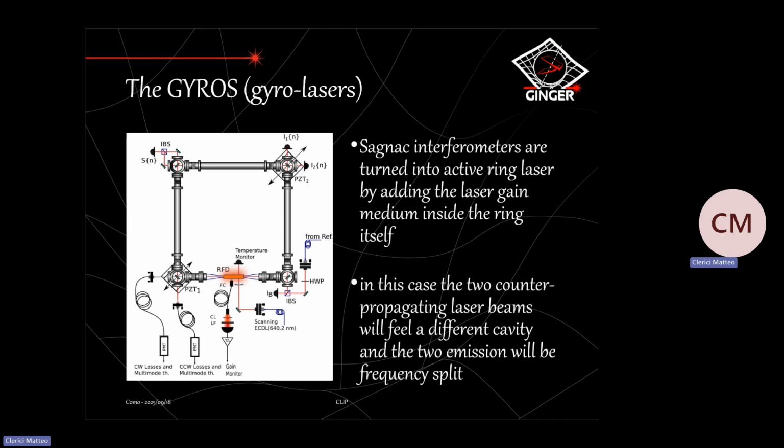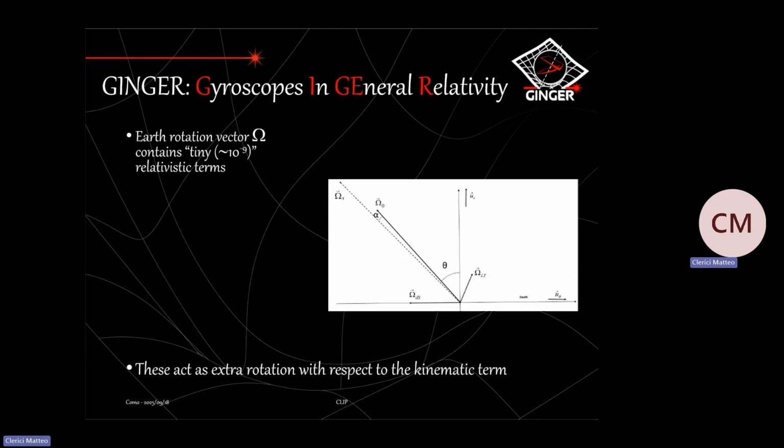Then if you attach this system to a very big rotating object, that is the Earth, you will measure the rotation of the Earth. And the rotation of the Earth, if you look at general relativity, contains different contributions. One is the Newtonian part, the usual rotation we are used to thinking about, and others are relativistic effects.